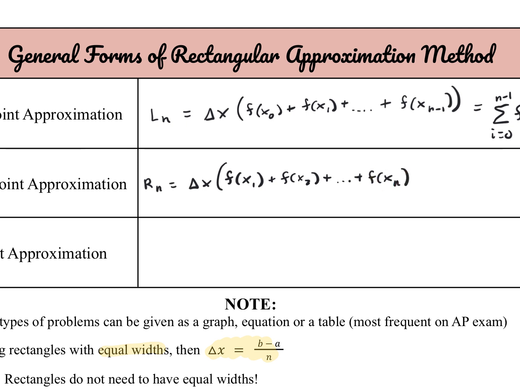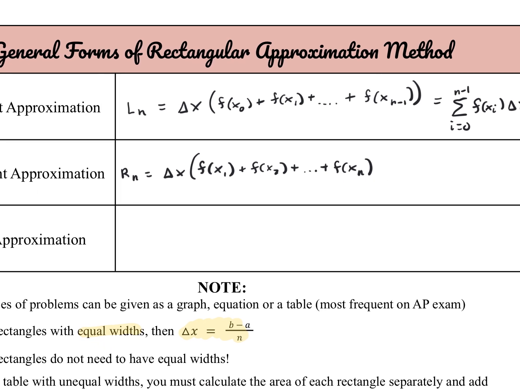We actually ended at our right endpoint for our rectangles. If we want to generalize this in summation notation, it's from i equals 1 to n, and it looks exactly the same, except here we're starting at 1 instead of 0, and we are ending at n instead of n minus 1. So everything is just shifted over to the right one.